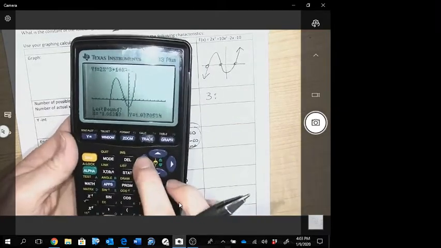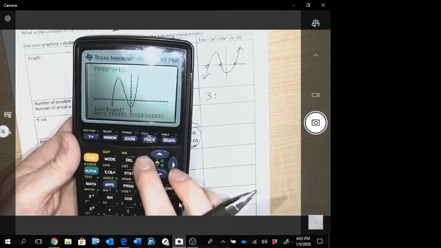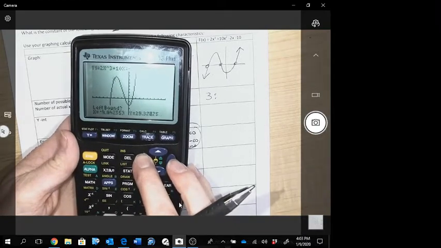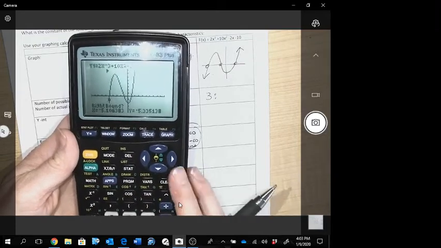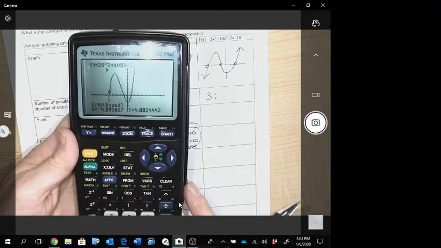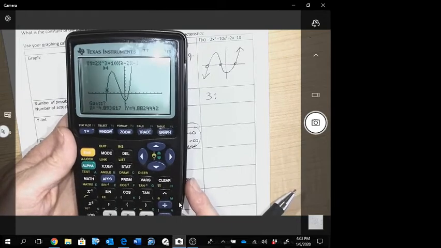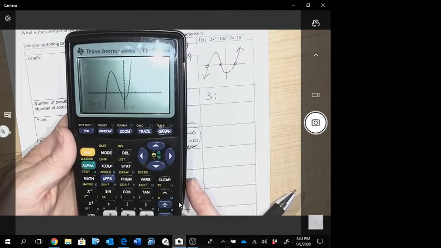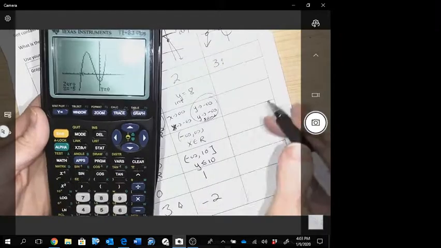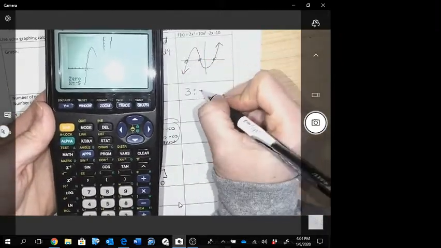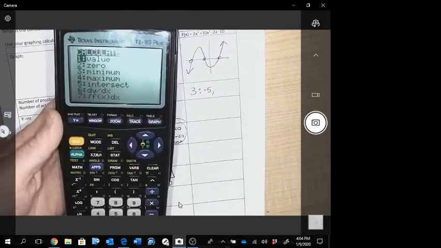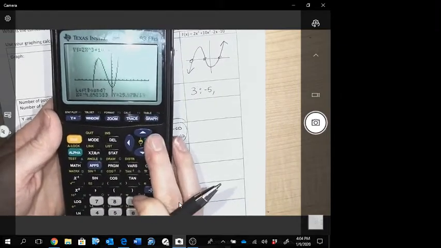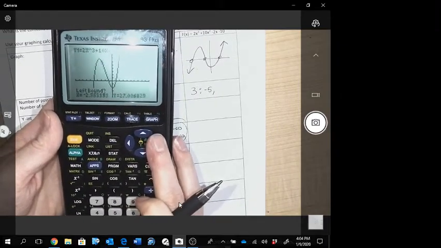So I'm going to move my cursor, move it, move it, move it, to the left so that it's left of that. Okay, got it? Enter. Now I'm going to move it. Oh, there we go. We're right of it. Enter, exactly at -5. Okay, now I'm going to calculate the next one. So I'm going to move a little bit over here.